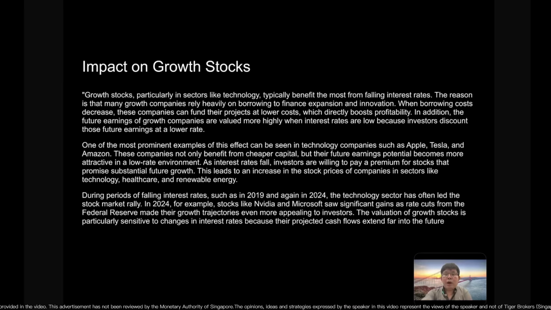For example, in 2024, during the time of interest rate cuts, some of the companies that have loans went up a lot. However, sometimes a company's stock rise is not due to interest rates only. It can be due to the company's growth or projected growth.